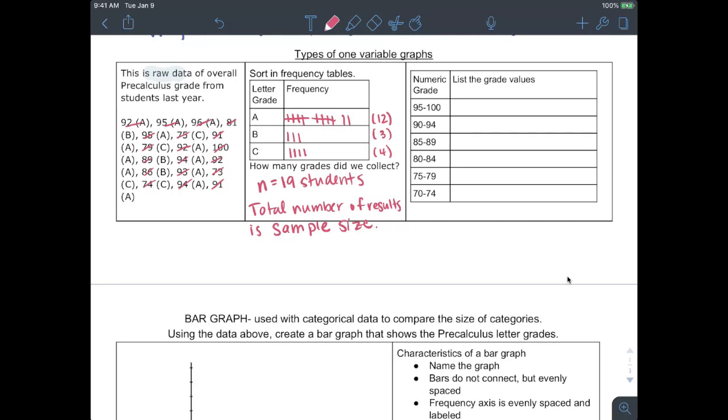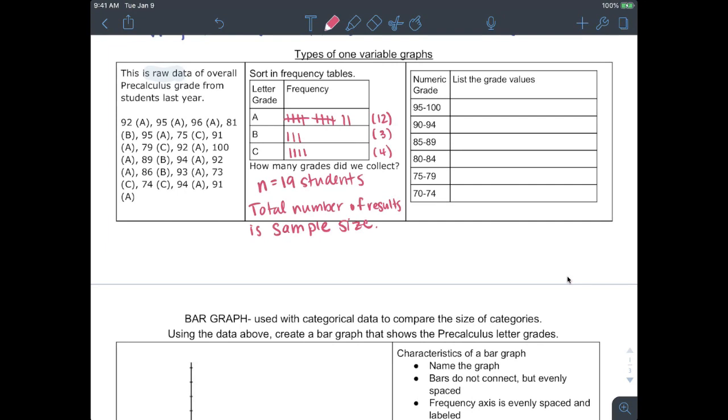All right, another way for us to organize our information would be by percentage. So I'm going to go ahead and delete all of this so I can do this again. This time we're going to actually list out the values because we're not sure later how we're going to sort this information.